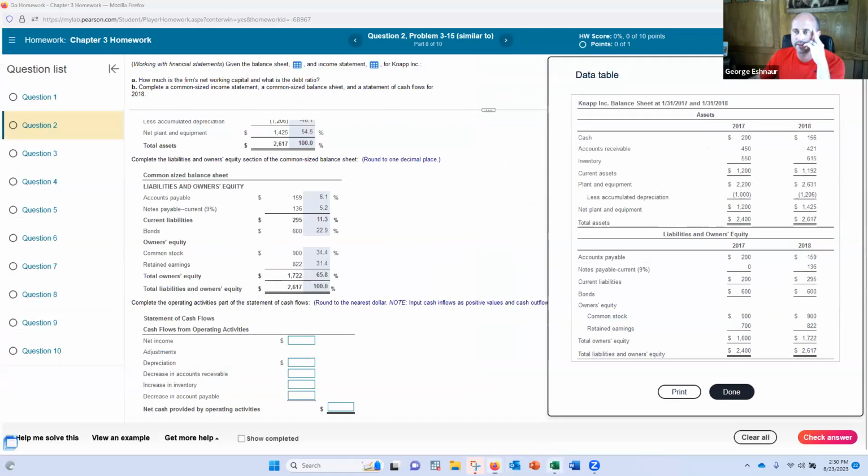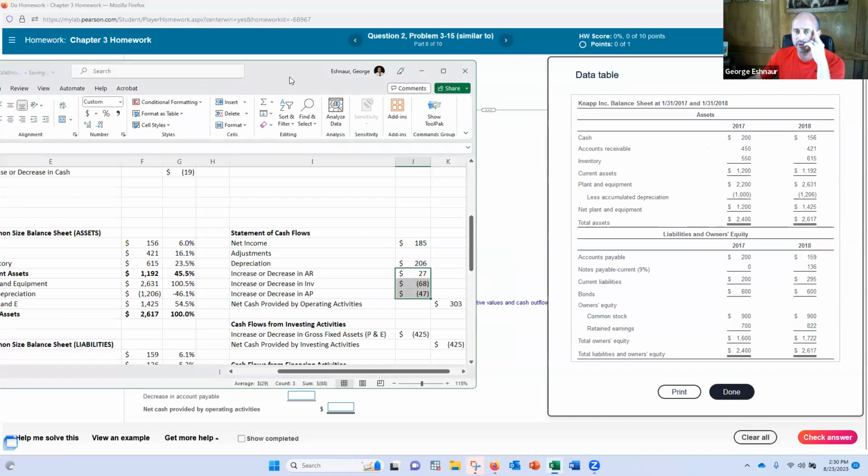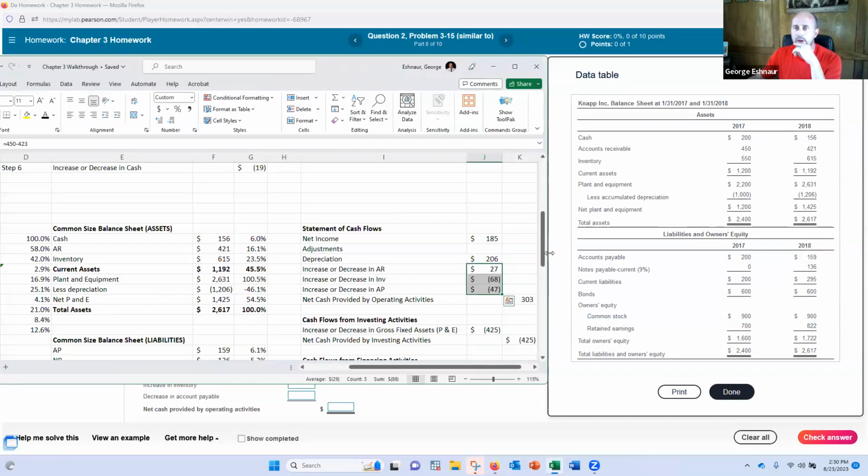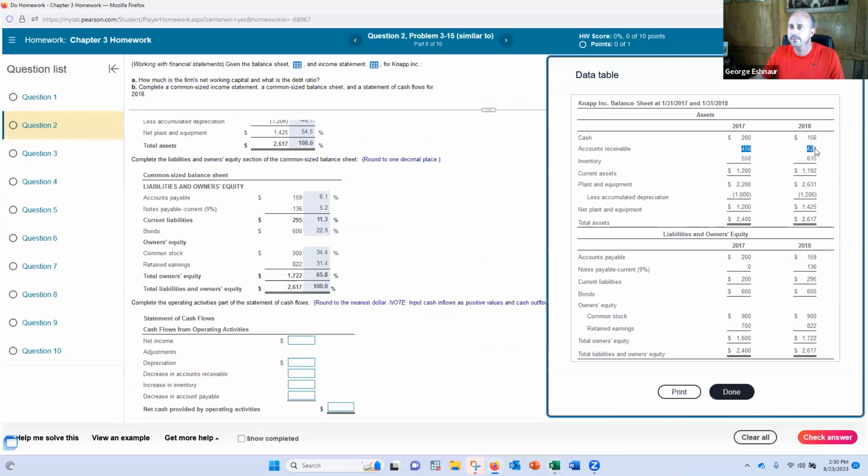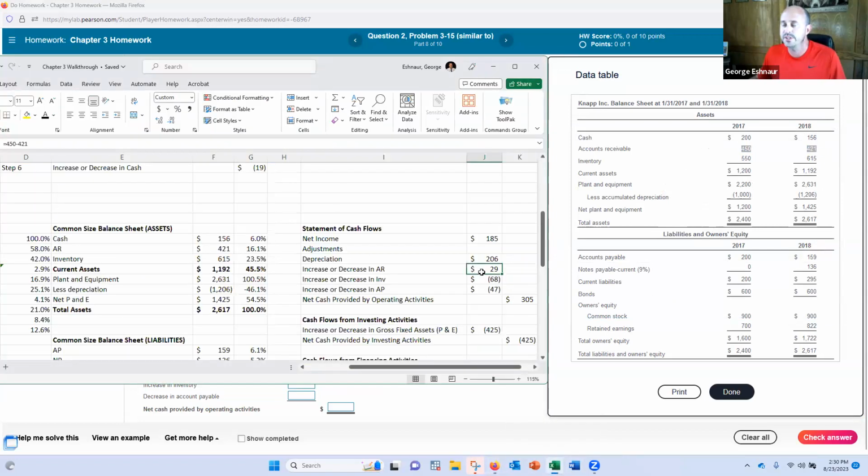So let's look at how we determine whether we have an increase or a decrease in AR. Our AR went from 450 to 421, and I find that right here. So I took 2017's information and minused the 421 out. So we see a variance of $29.